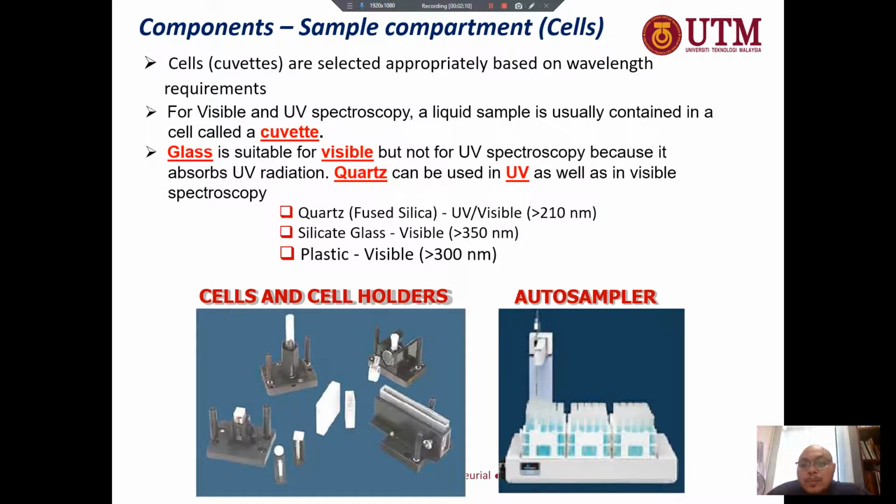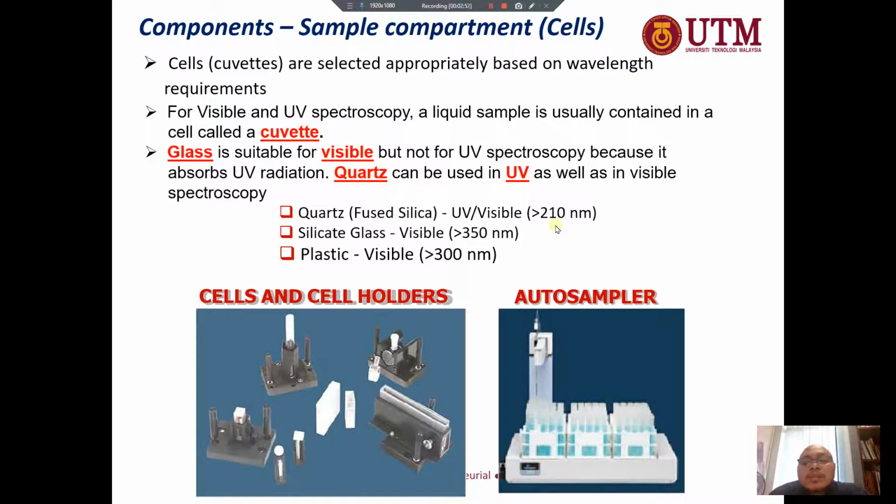If we use silica glass, whose range is more than 300 nanometer, the incident radiation at 235 will be greatly reduced by the compartment before it can reach the sample. So it will reduce the efficiency or accuracy of the analysis. By that explanation, you can reach about 2, 3 or 4 marks depending on how you understand the concept of this kind of sample compartment. The best one is quartz.